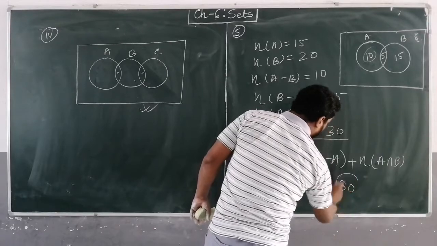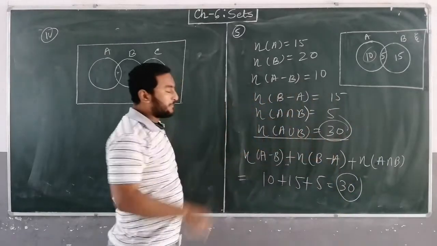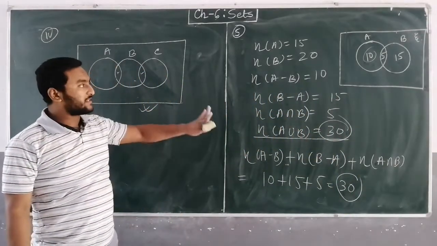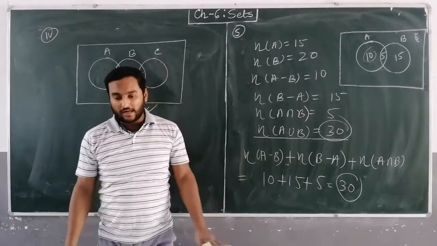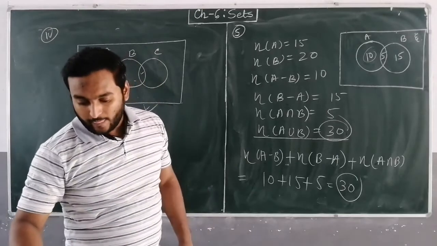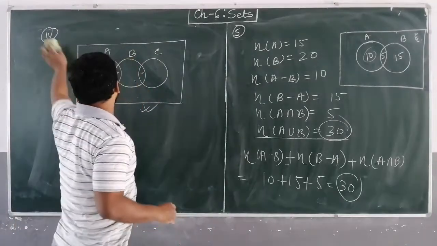So that is also 30. So left hand side equals right hand side, proved. By this method also you can prove, and the method explained in the notes, that one also you can follow. Okay. Now question number 6.